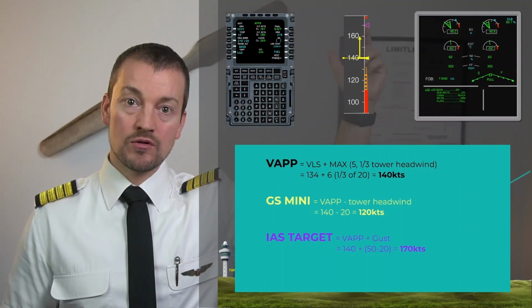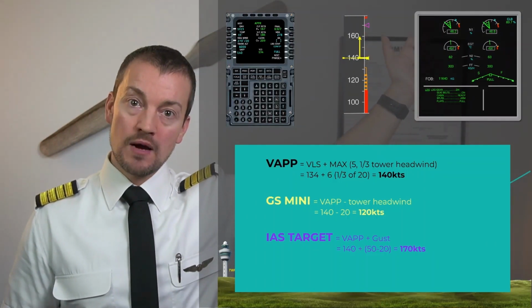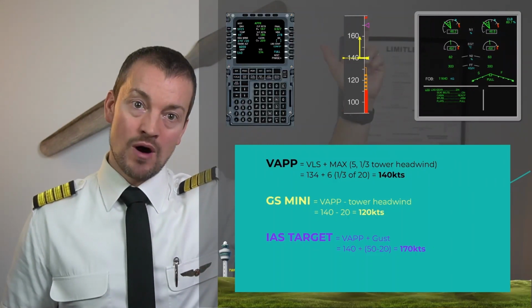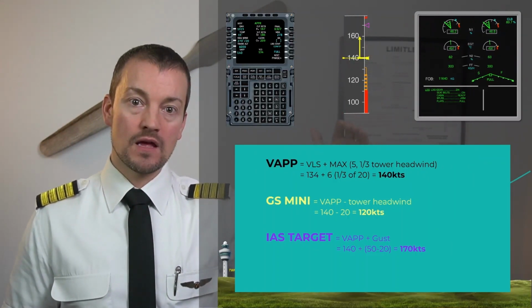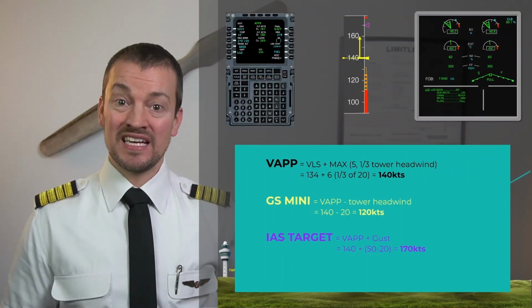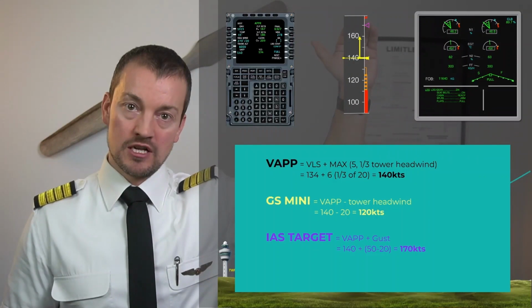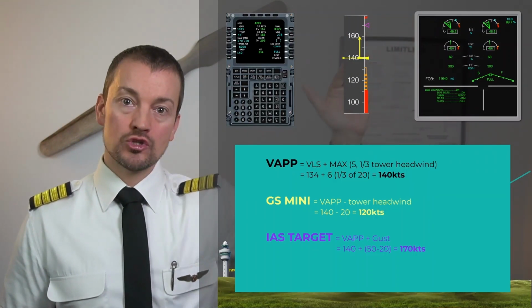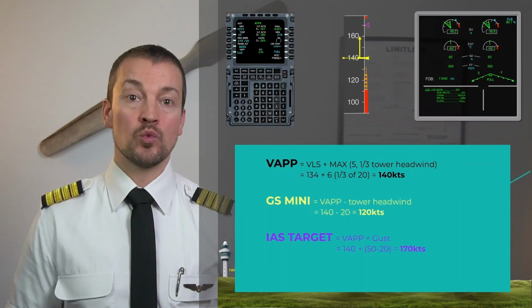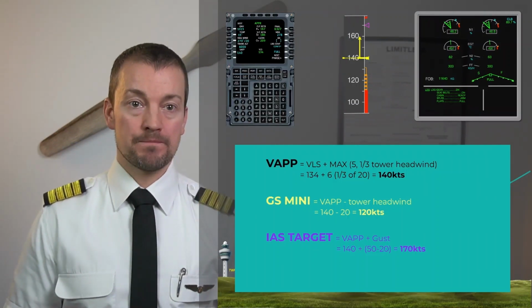Why increase the target? Well, if it increases the target, then the engines would have to spool up to be able to go up and get that speed, and that is the function. In my case right here, the indicated target speed goes all the way up to 170 knots, and the engines will gently spool up to target that speed. The aircraft will fly a faster speed.